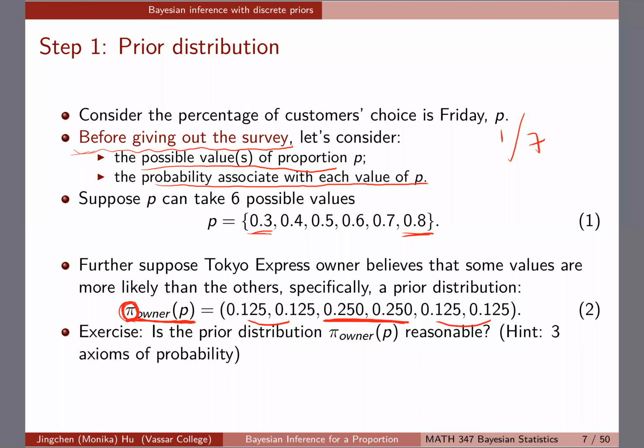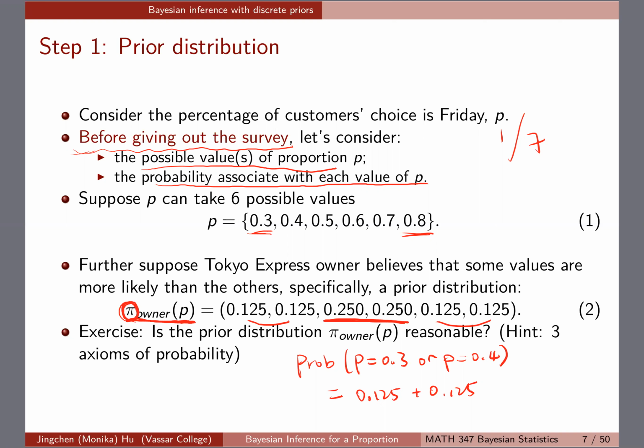So if, for example, I want to know the probability of P equals 0.3 or 0.4, then it's really just summing up 0.125 with 0.125, right? So this is just an illustration of that third axiom, but you satisfy all of them for this particular probability.